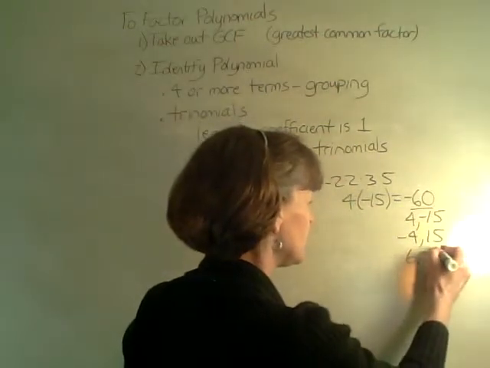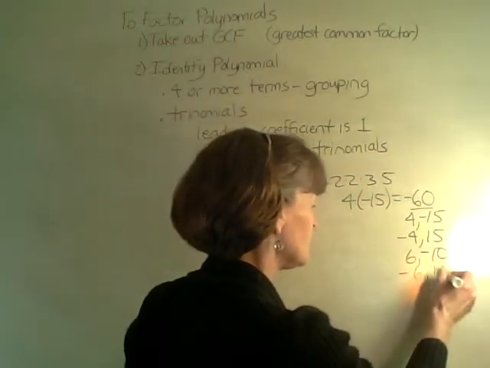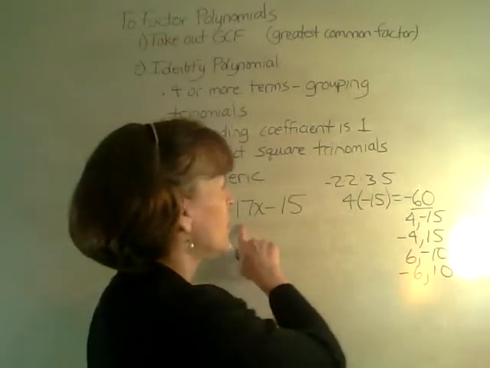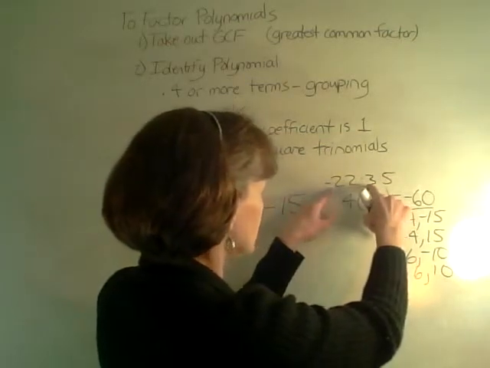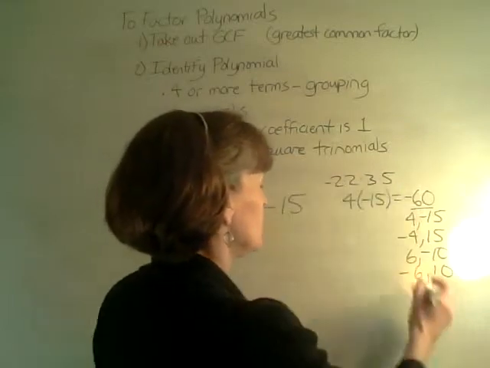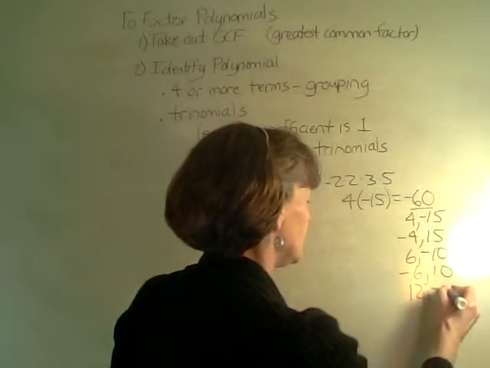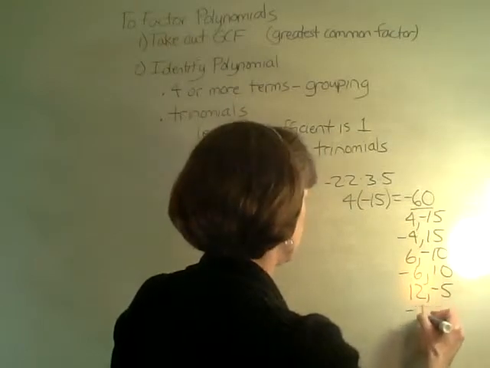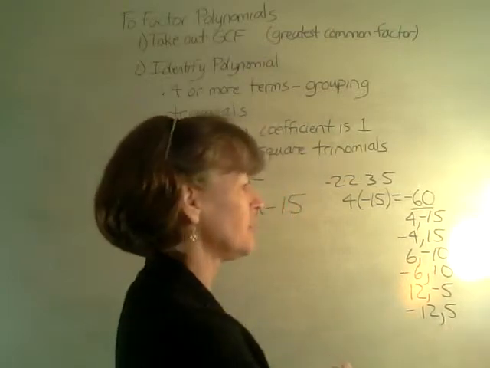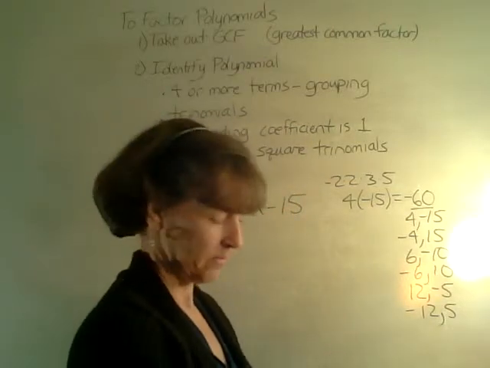So 6 and negative 10, or negative 6 and positive 10, but neither one of those add to give me 17. But if I look at these first 3, 2 times 2 times 3 is 12. 12 and 5. Well, 12 and negative 5, or negative 12 and positive 5, and that doesn't give me positive 17 either.